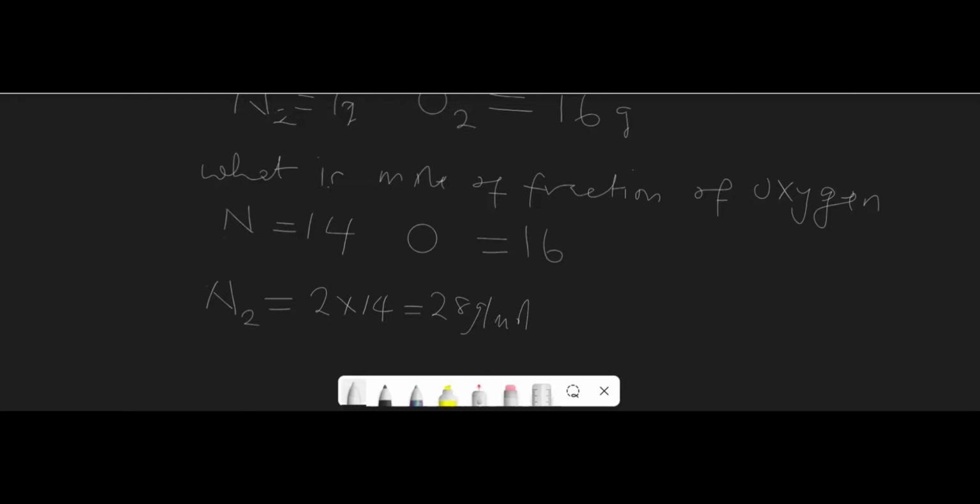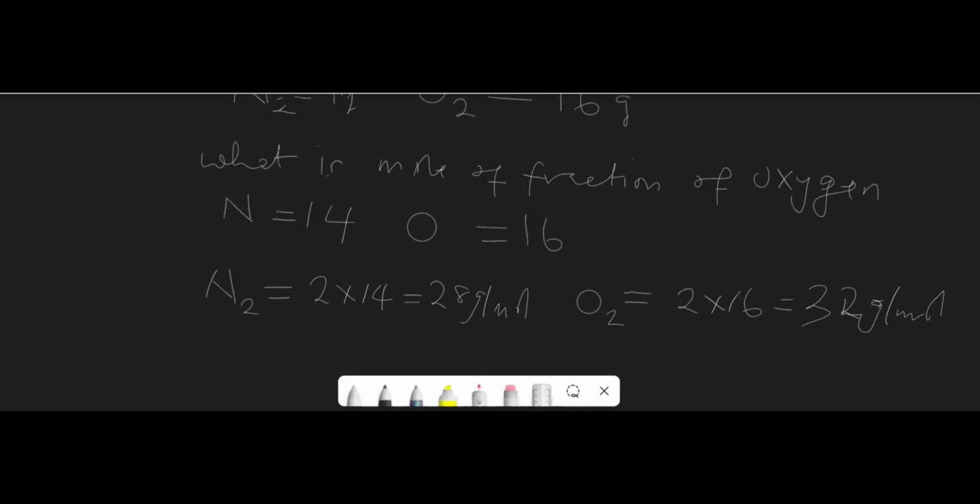That is the molar mass of nitrogen. And for oxygen, the molar mass is of course 16, and it also usually comes as O2. So we have 2 times 16, which is 32 gram per mole. That is the molar mass of oxygen.